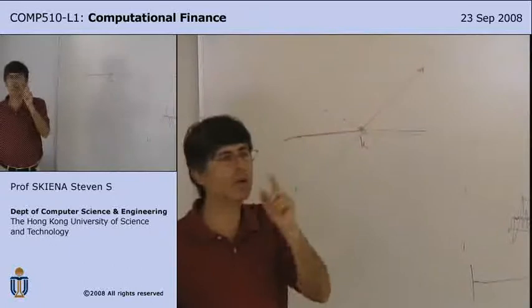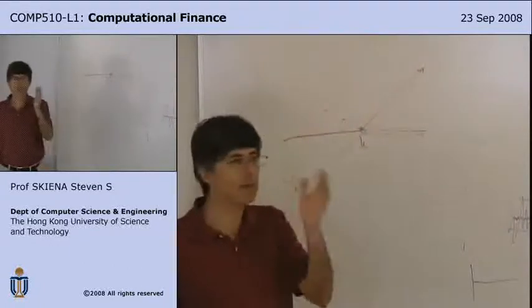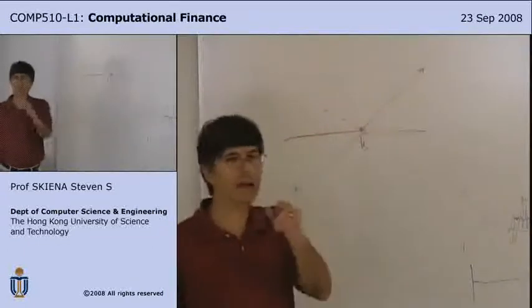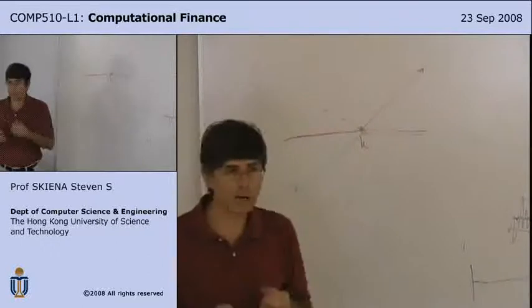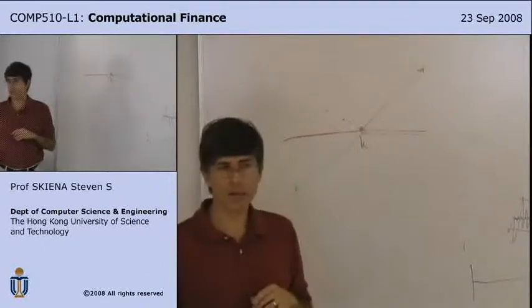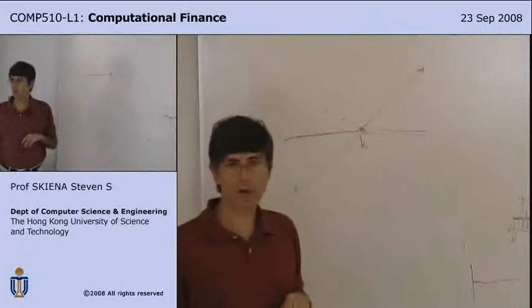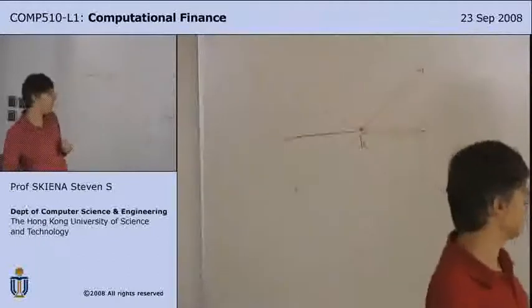What other security do we have that has the property that when the price goes up by $1, I make $1, and if the price goes down by $1, I lose $1? Actually, owning a share of stock, right? Doesn't that have the same-shaped curve? Okay? So what does this tell me here?